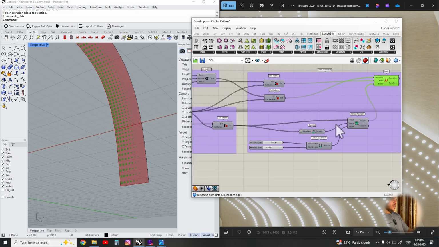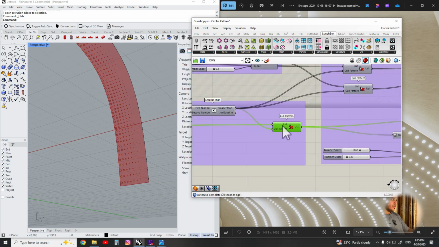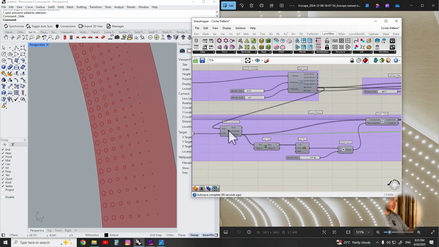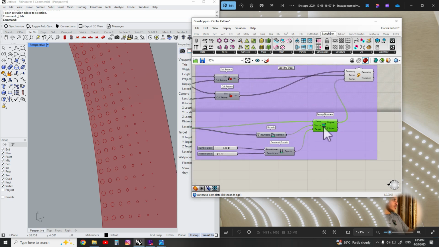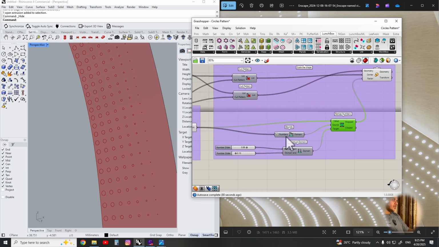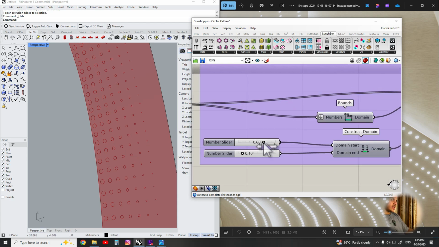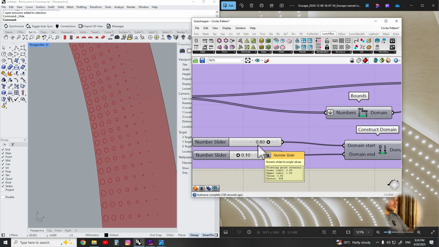Okay, this is Remap Numbers. The pattern which we get from the first attraction is connected with the value, and the target is, of course, the domain, the start and end. So we are saying that the scale factor is going to be 0.8 starting from the curve that we picked, and ending with 0.9.